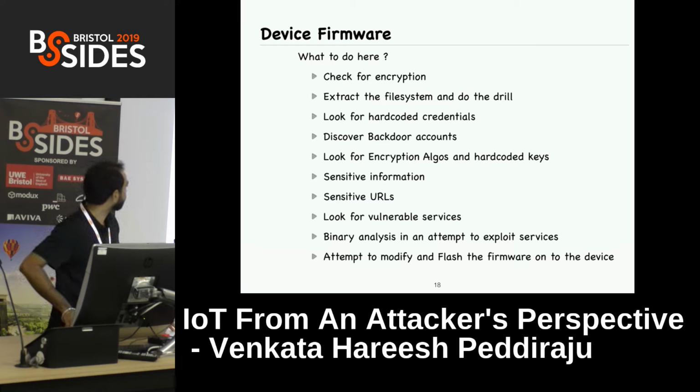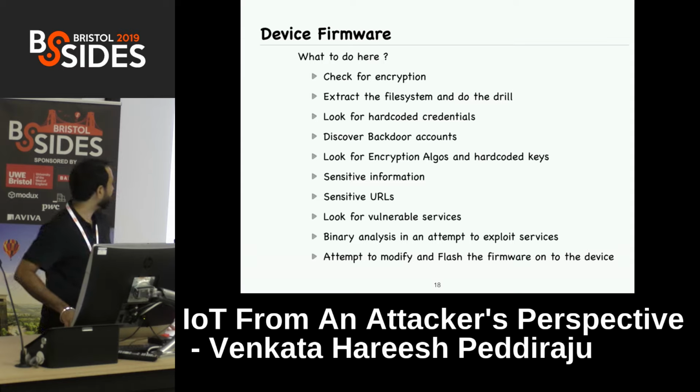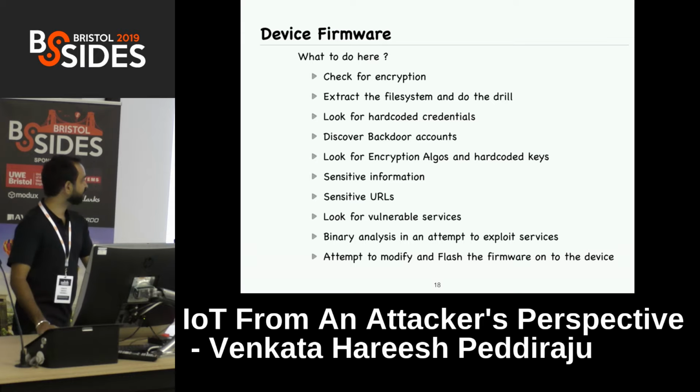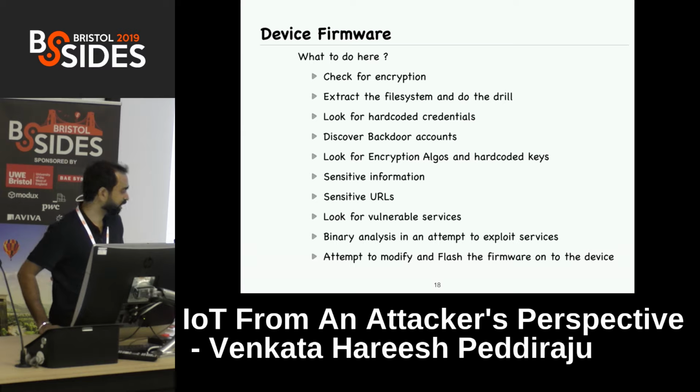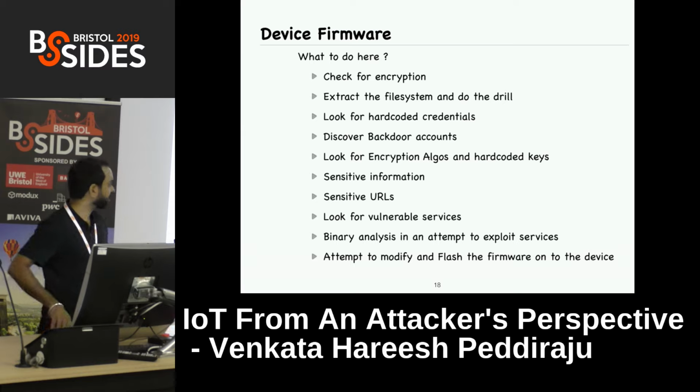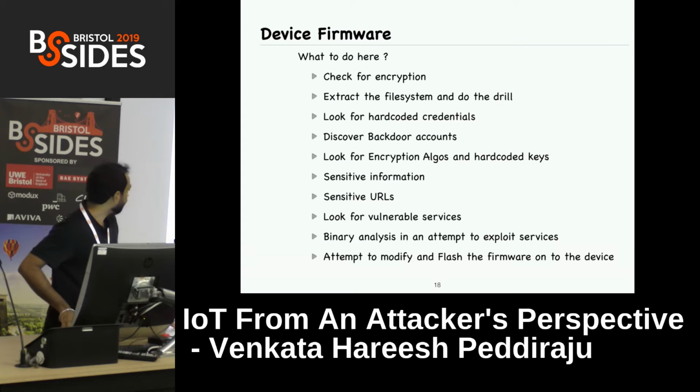Also look for encryption algorithms. If you find any hard-coded keys there, then you could basically compromise the communication or the TLS. Look for sensitive information, sensitive URLs as well. You could find admin endpoints or any sensitive endpoints to the APIs that they expose. And you could also look for vulnerable services and so on and so forth.